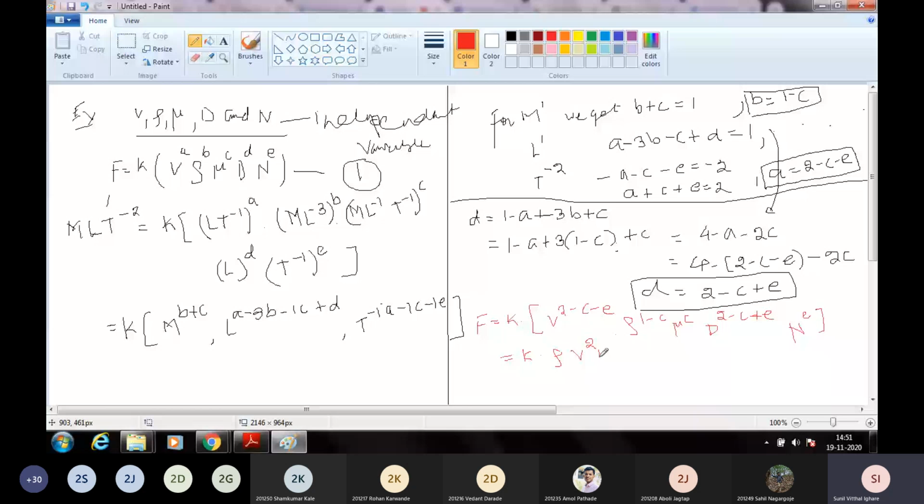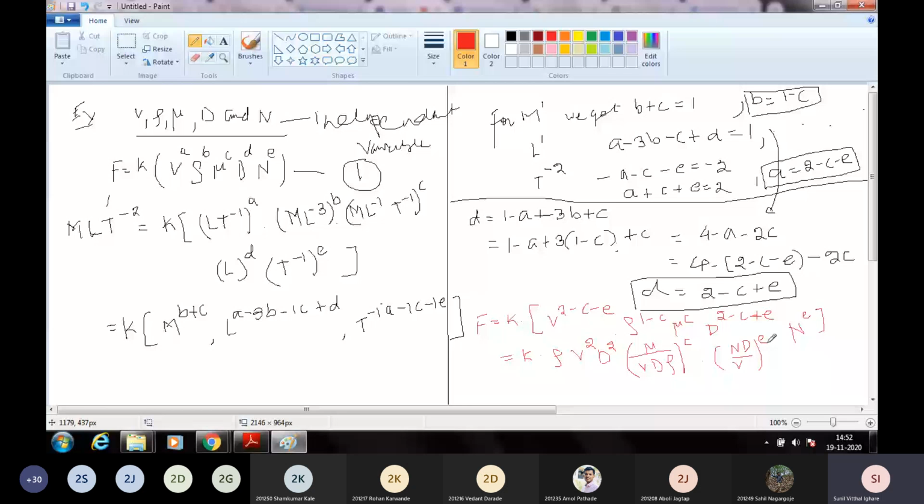So in the bracket, you will ultimately get mu divided by V into capital D into rho, raised to C. So all the C components at one end, and all the E components we just take aside, ND raised to E. So you will get these terms.